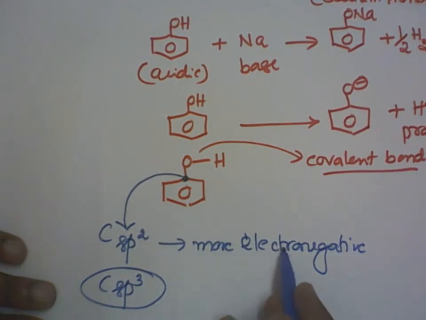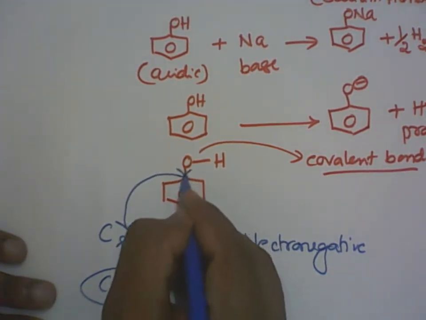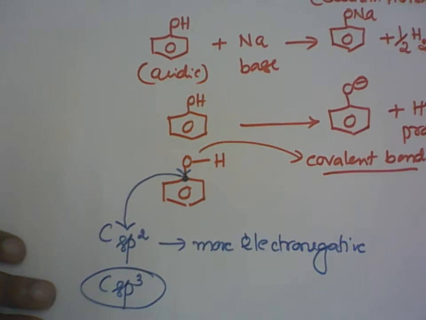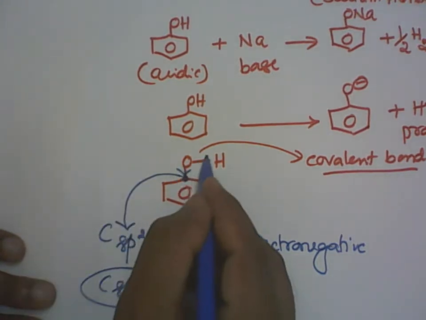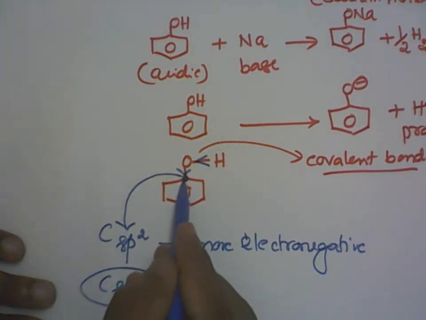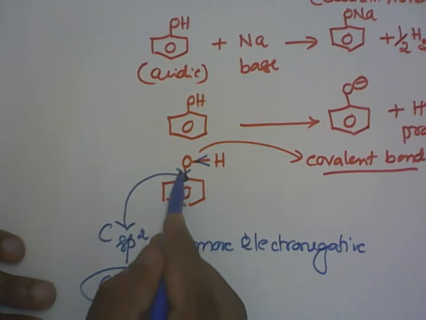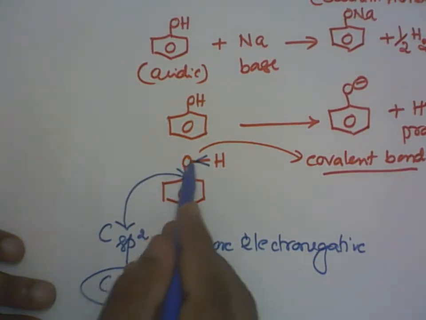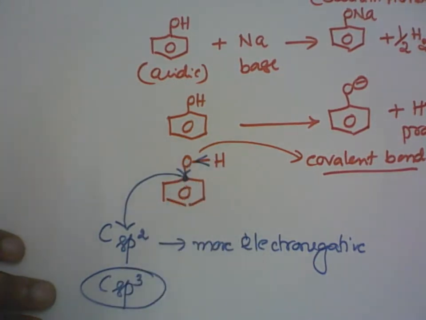If it is more electronegative, it can pull electron density from the oxygen, and oxygen in turn will withdraw the electrons from the OH bond.